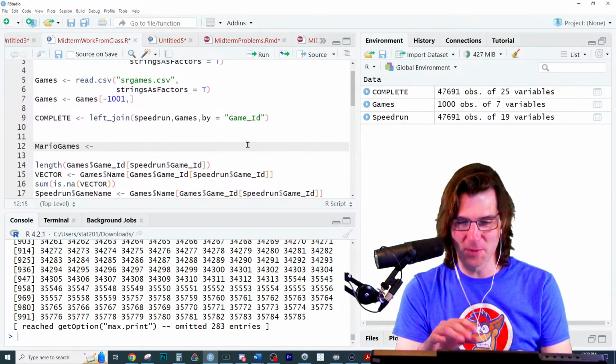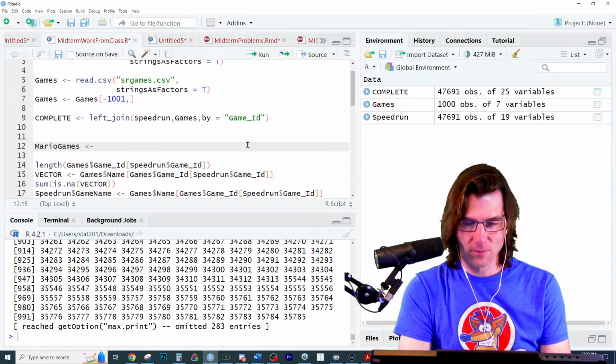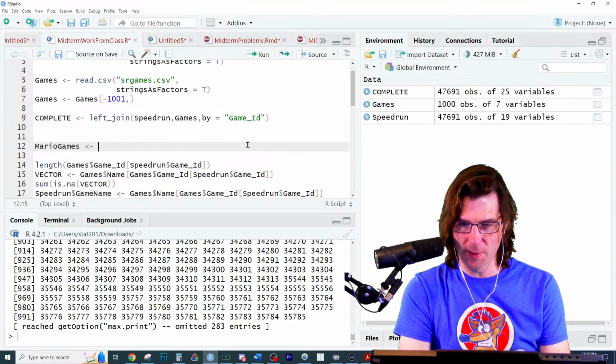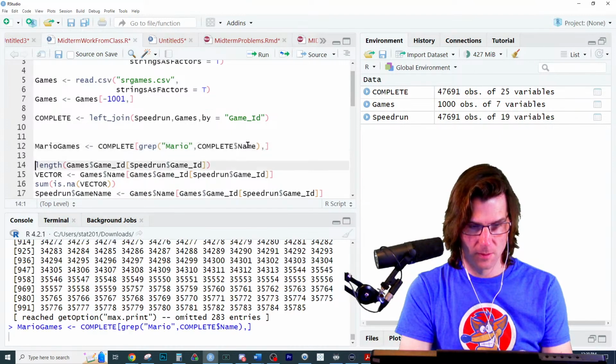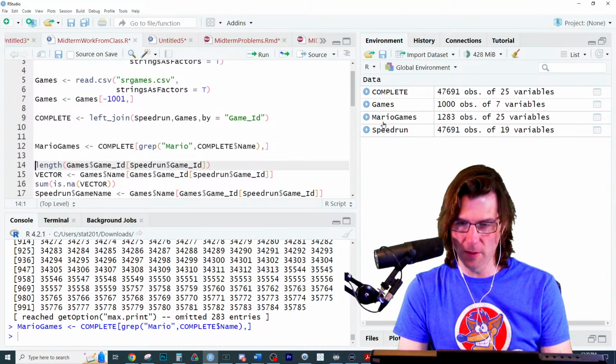Don't only do Mario games. Everyone's going to do Mario games now, but let's go to speedrun Mario games right here. And go. There's all the Mario game speedruns.